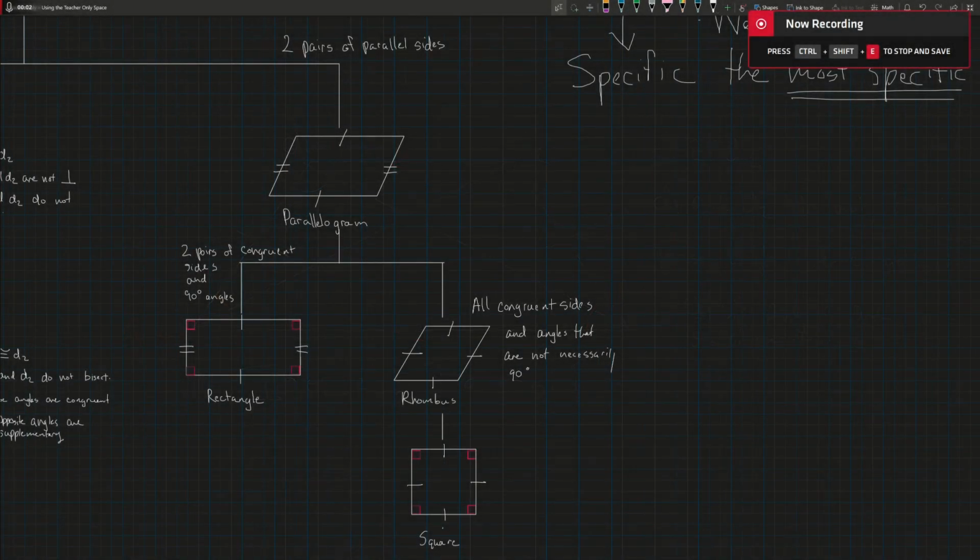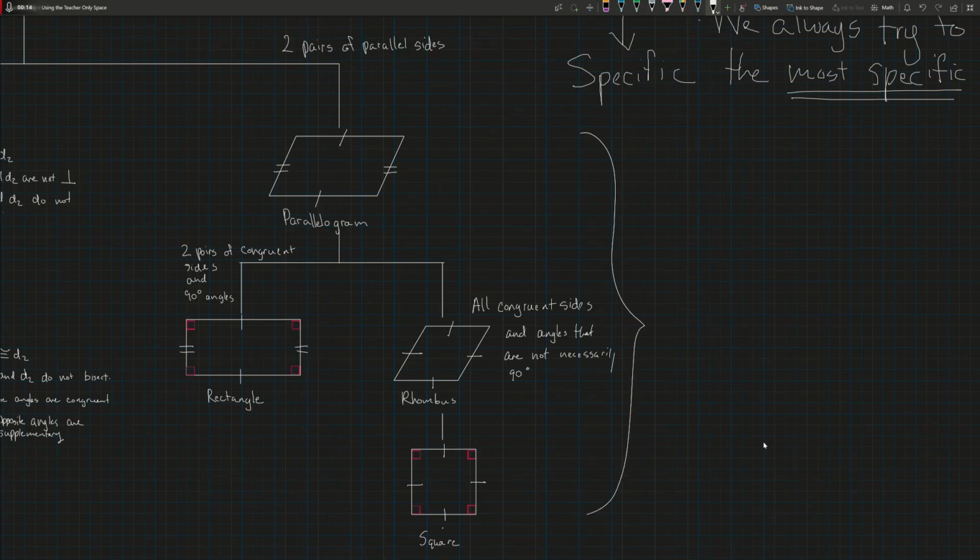Now we're going to move on to parallelograms. The quickest way to get all this information is to know the following. For all these shapes in the parallelogram family, they all have these characteristics. The diagonals bisect each other. So they cut each other in half.